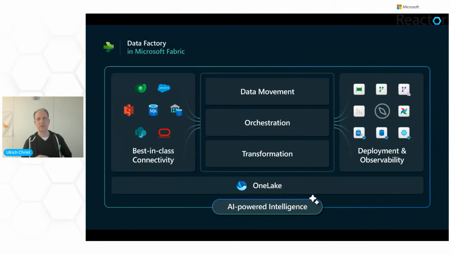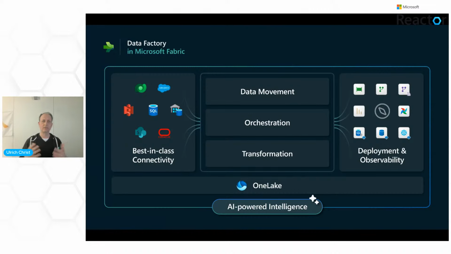I'll show a slide later on which summarizes that. We have data movement capabilities, orchestration capabilities with pipelines, transformation capabilities with Data Flows Gen 2. Of course, we have mechanisms to deploy things efficiently in multiple tier landscapes. We have observability, monitoring capabilities, all of that. Everything on top of OneLake with a tight integration. And as I mentioned earlier, everything powered by AI.